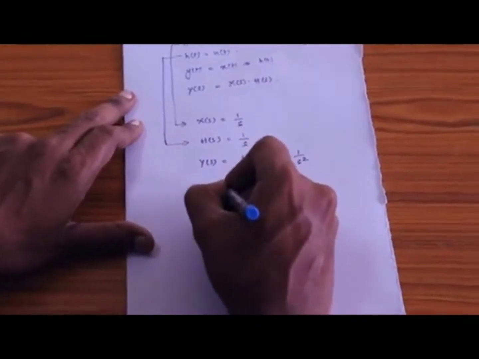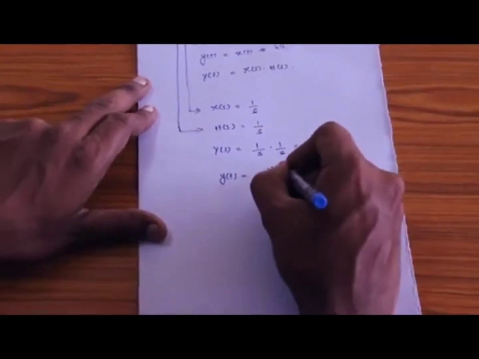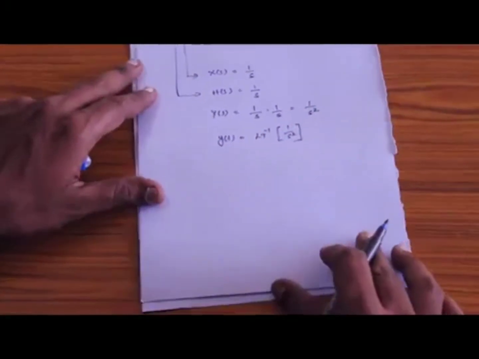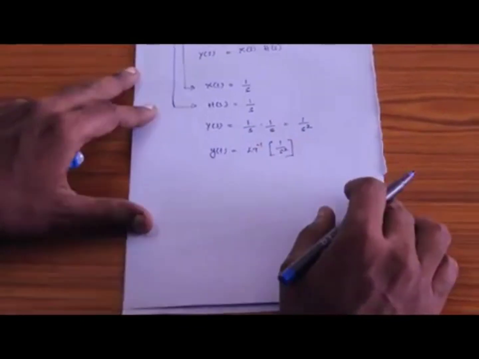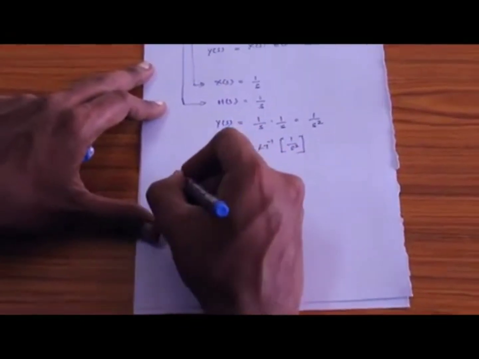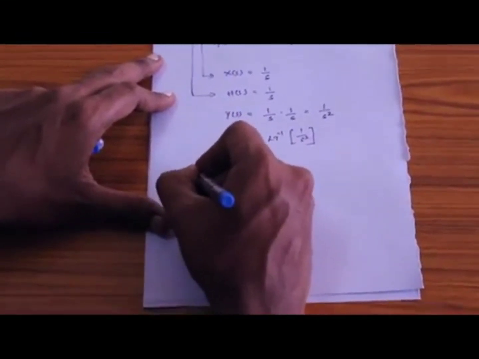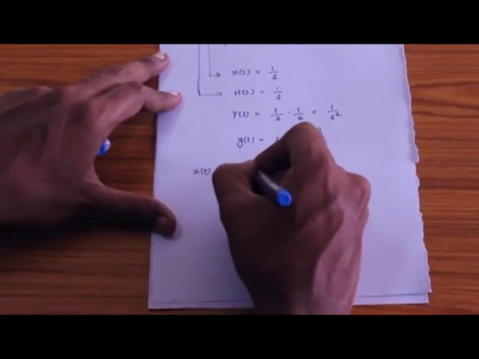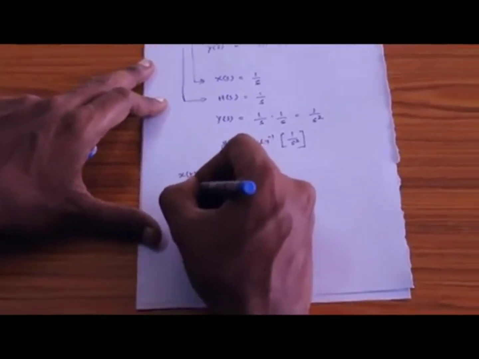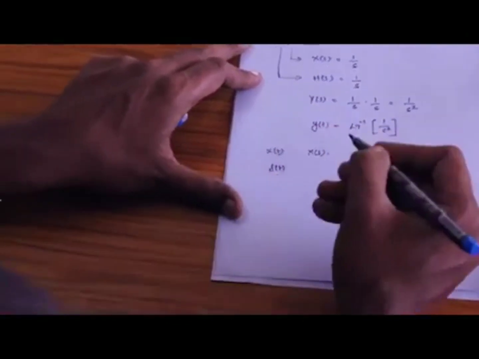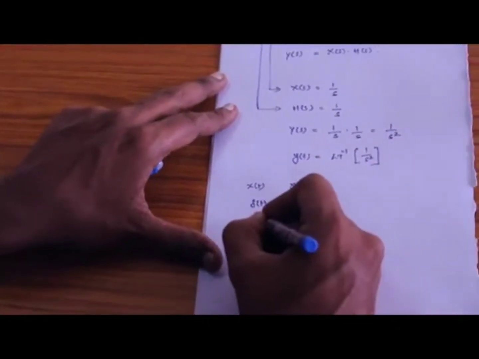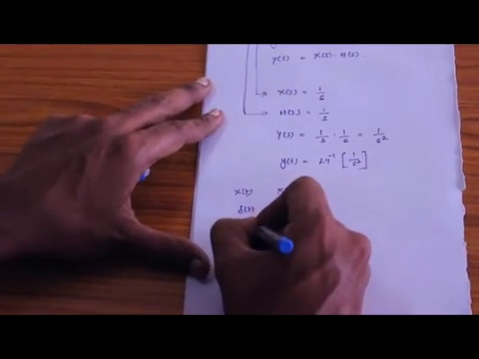So now what is my y of t? It is the inverse Laplace transform of 1 by s squared. Now what is the inverse Laplace transform of 1 by s squared? Again, coming back to the Laplace transform pairs: this is my x of t and this is my X of s. For the impulse function, the Laplace transform is 1. And what is the Laplace transform of u of t?